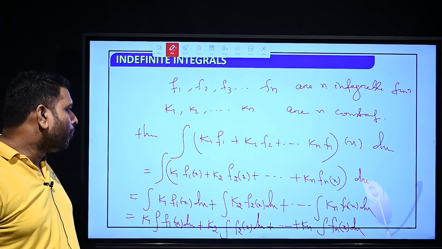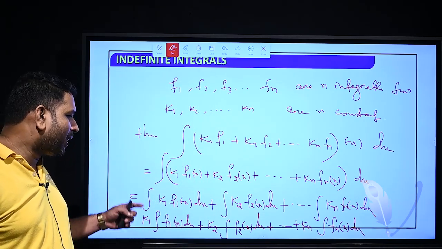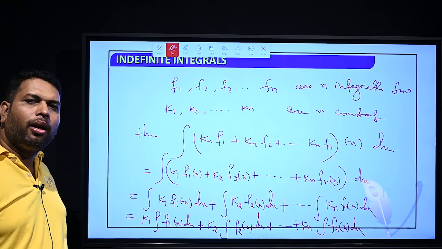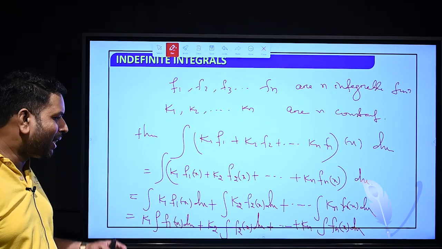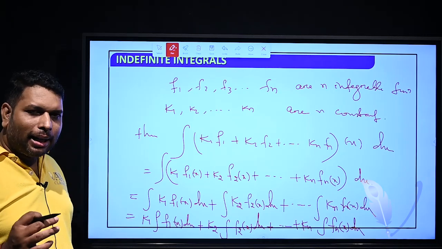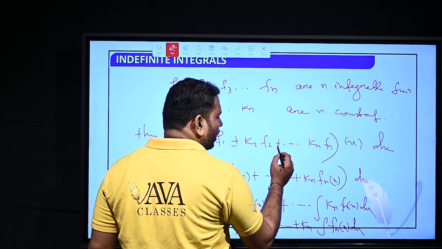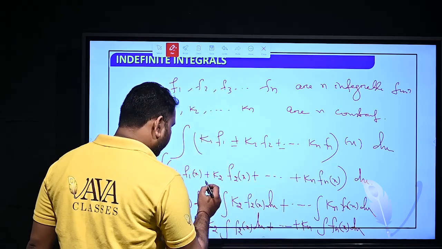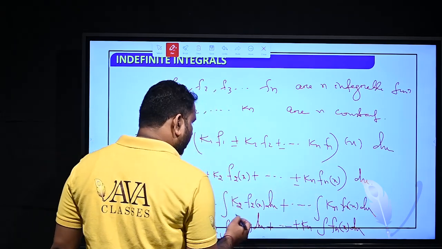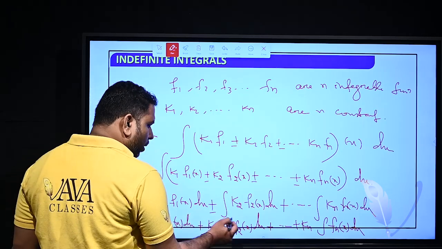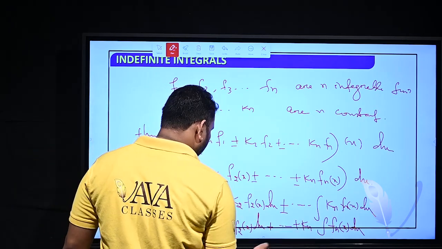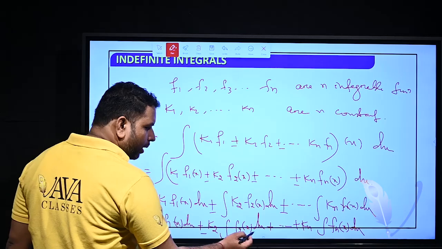Okay, so this is the basic formula, basic definition. And if you add minus instead of plus, it also works, so for both plus or minus the formula works.